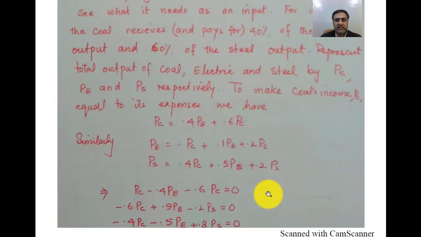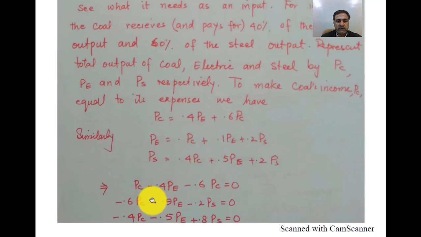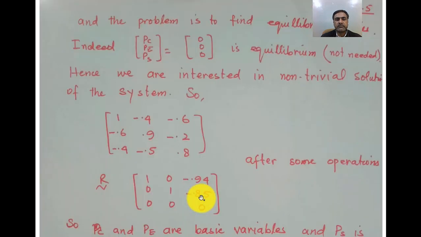If I simplify these equations, I have PC minus 0.4 PE minus 0.6 PS equal to 0. Similarly, the rest of the two equations are summarized here.